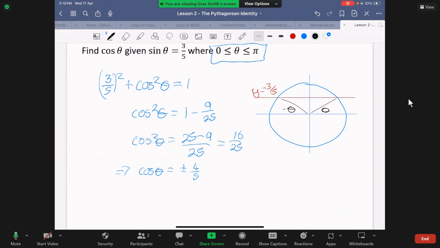Now, if the sine value is positive in this interval, the cosine value can be both positive and negative. So this gives us two possible answers, and both answers are acceptable in this case. The cosine value can be positive and negative in that interval. Here is 0, here is pi.